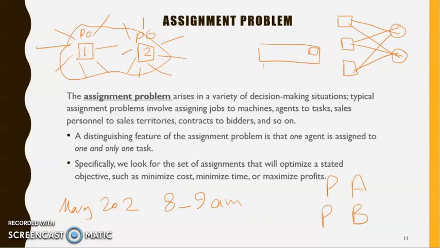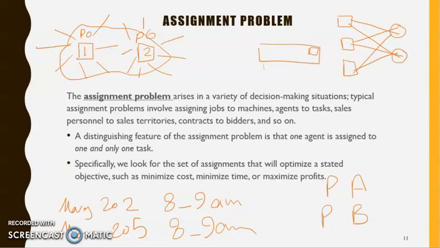In another example, imagine we have Morgan 202, 8 to 9, and we have Morgan 205, again, 8 to 9 a.m. You cannot assign these 2 classes to one professor. It's not possible. That's the point here.